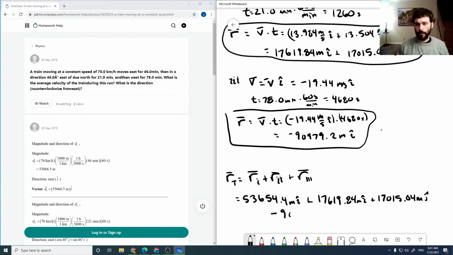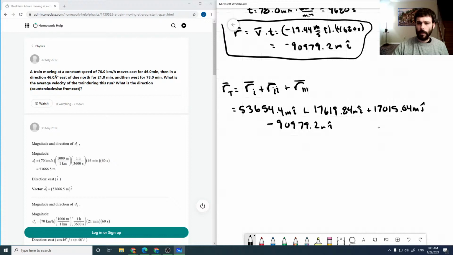And our third one that we just calculated was this guy. So we just sum these all up, remembering that I-hats go with I-hats and J-hats go with J-hats. In this case, we only have one. So it comes to negative 19,704.